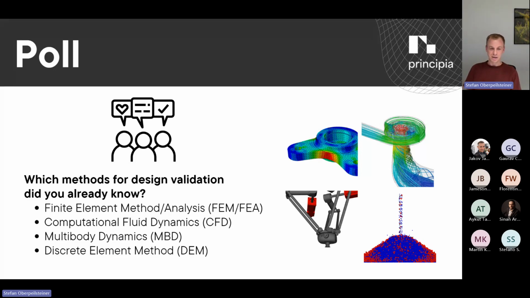So I guess you're familiar with it. Computational fluid dynamics, like on the picture on the right with some flow of water in a turbine, etc. Then multi-body dynamics and the discrete element method here on the right. These can be seen as the 4 major design validation tools in our field. So please answer the question here.